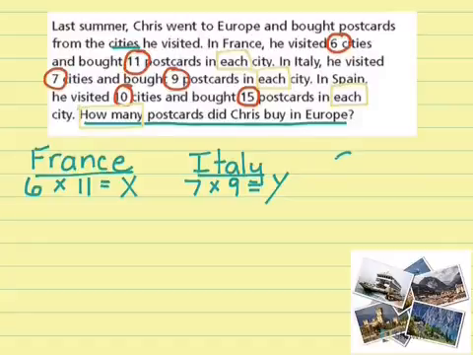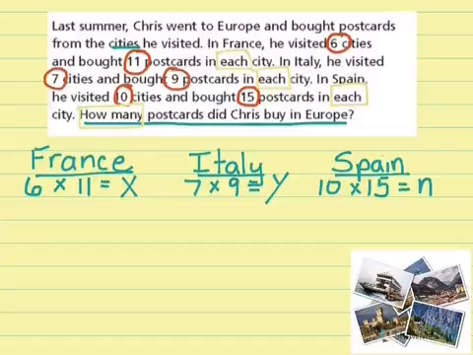Then he went to Spain. While he was in Spain, he visited 10 cities and he bought 15 postcards in each city. So I'm going to say that's going to give me N.